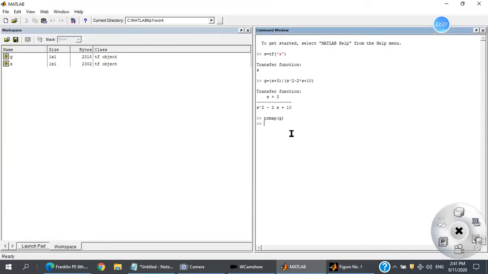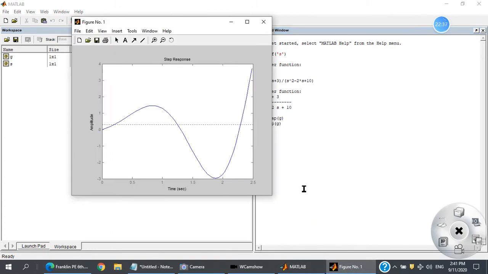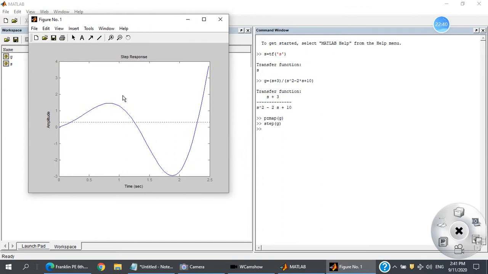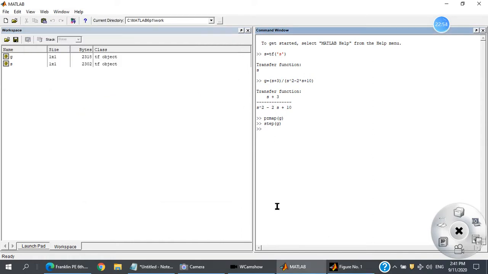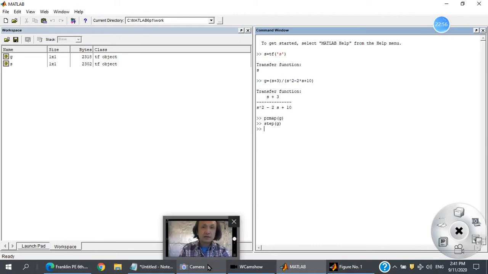You can also see the step response of this G. You see the value of this step response will tend to be larger and larger. It's kind of a sine wave, but the amplitude is increasing. So for this one you cannot use the first method, right? We have two methods.